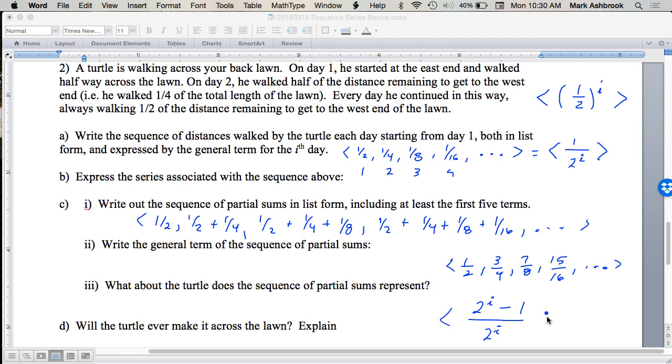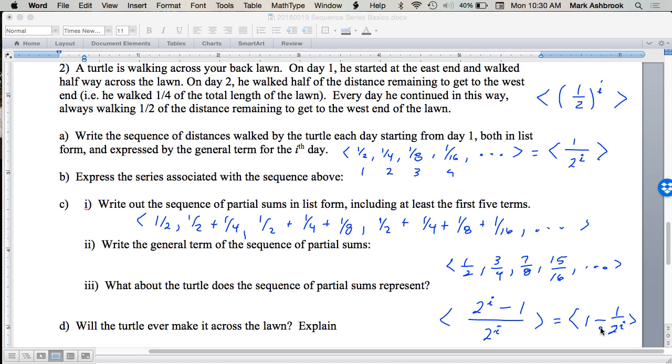And then if there's an alternate, you could have said 1 minus 1 over 2 to the i. That's also the same thing. So that's the formula for the sequence of partial sums, right? So this is the formula for the original sequence. We build the sequence of partial sums. It has a formula.